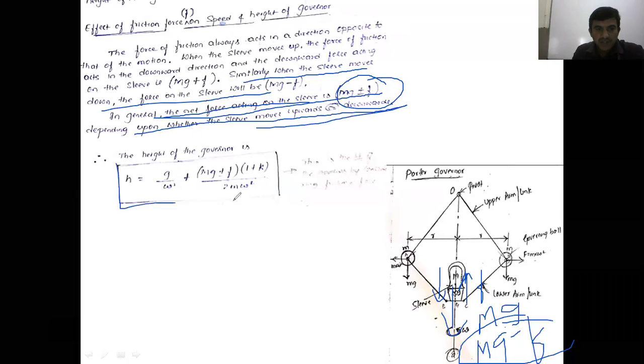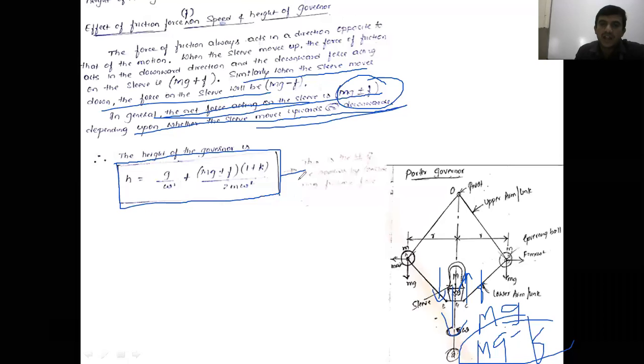Now this is the equation to remember when considering a frictional force between the sleeve movement and the governor shaft axis. The height of the governor h is equal to g by omega square plus capital mg plus or minus f, into 1 plus k, whole divided by 2 times m omega square.